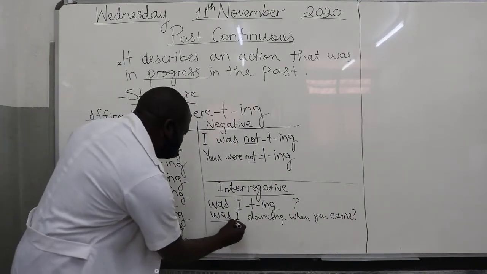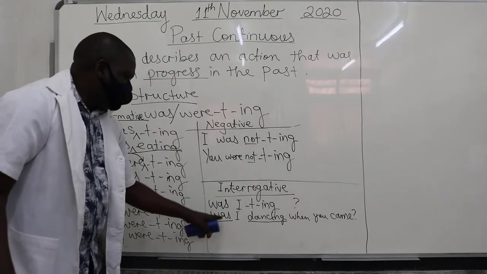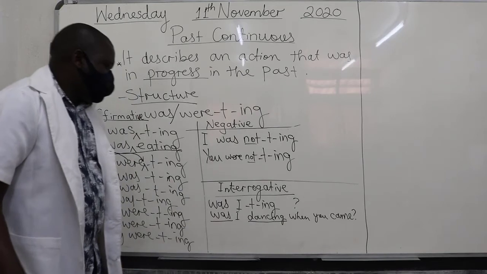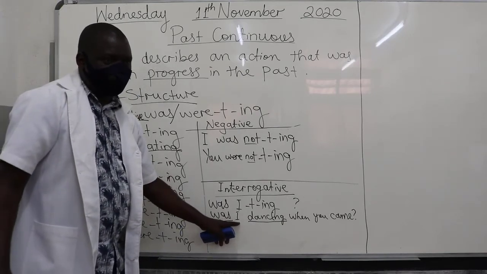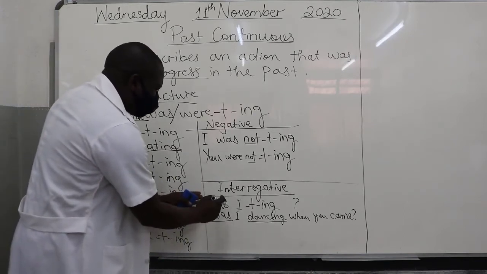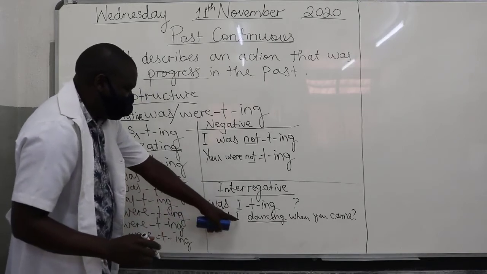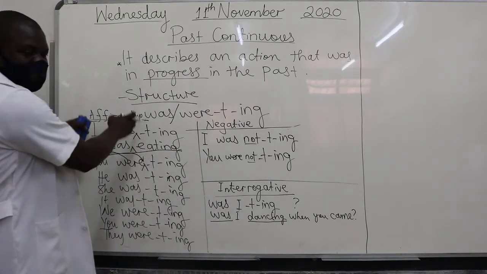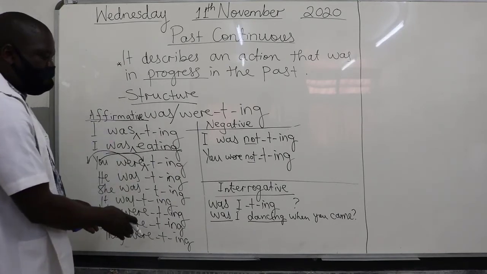So we have this auxiliary verb plus the main verb here, and in between the auxiliary verb and the main verb we have the subject. If you start the interrogative form with the subject, you are repeating the affirmative form.